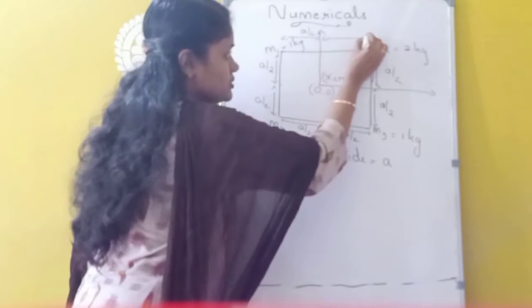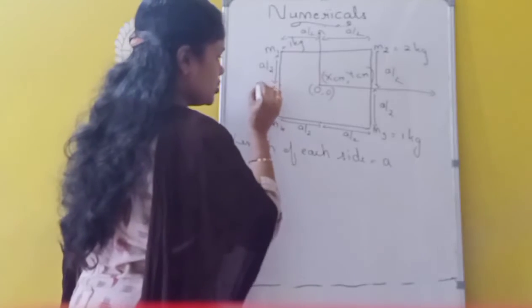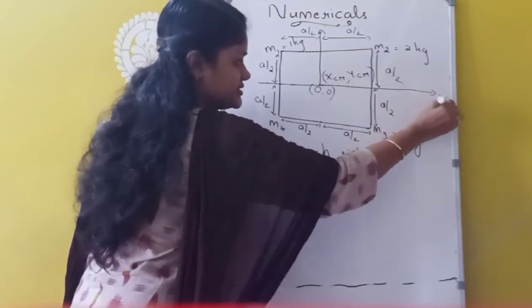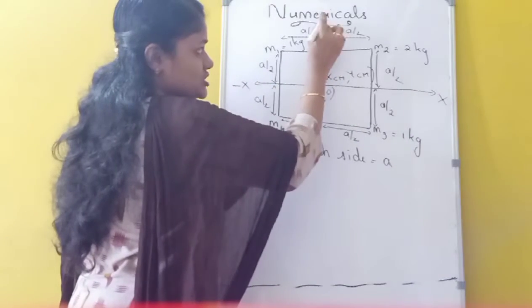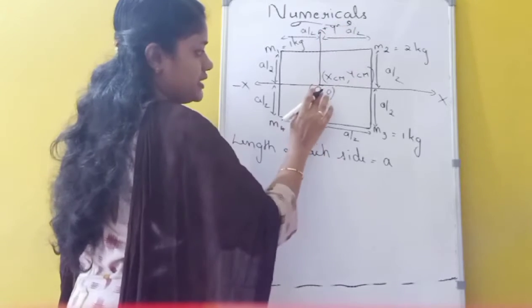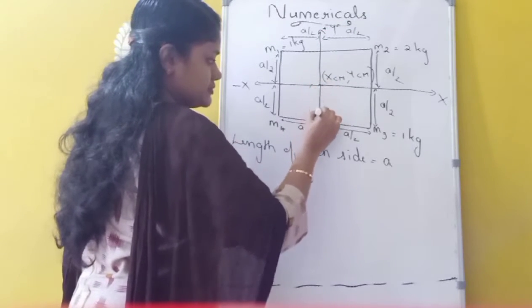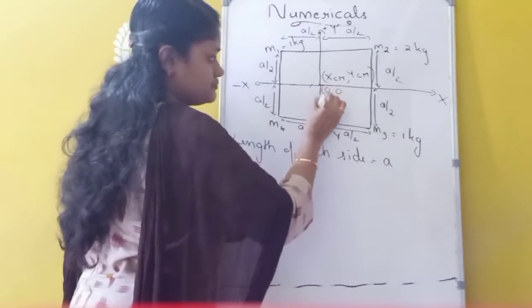And here also distance is A by 2, and I am extending these coordinates on the next side also. So this is negative x-axis, this is the positive x-axis, and here this is positive y-axis, and when this comes down it is the negative y-axis. So this is the 0, 0 origin.